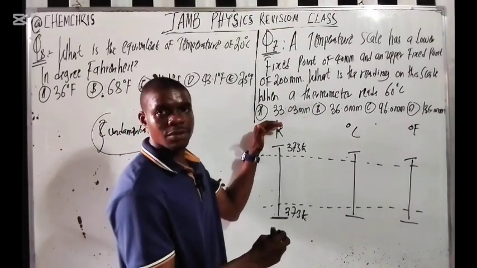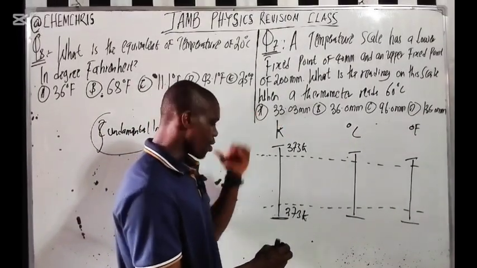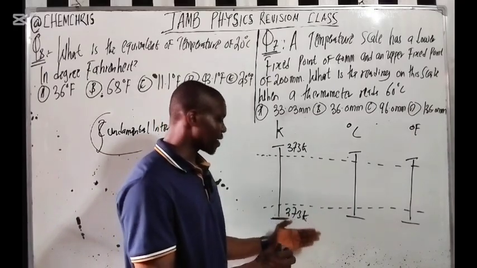So the upper fixed point of the Kelvin scale is 373, while the lower fixed point is 273.